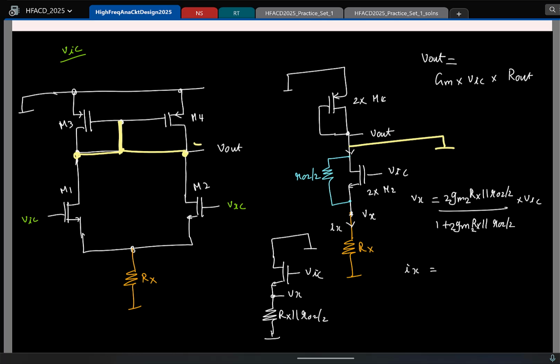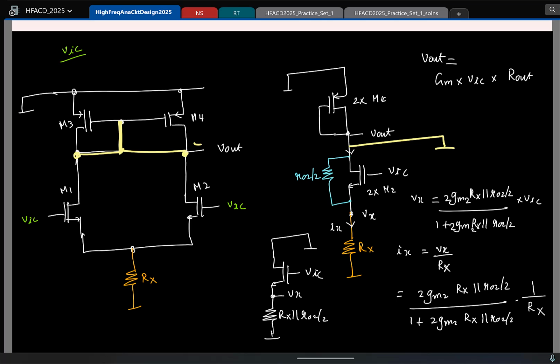So Ix is Vx by Rx. Let me see if I can write it fully. This is 2 GM2 Rx parallel R02 by 2 by 1 plus 2 GM2 Rx parallel R02 by 2, by Rx.